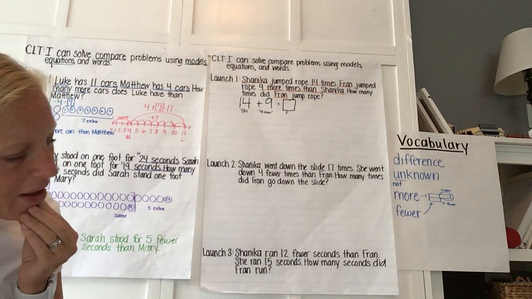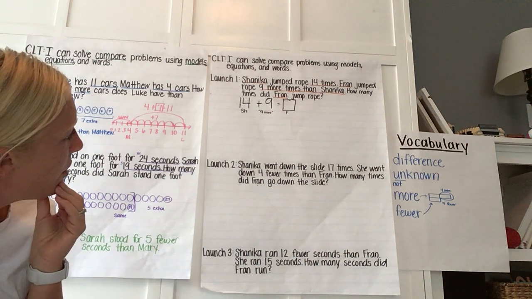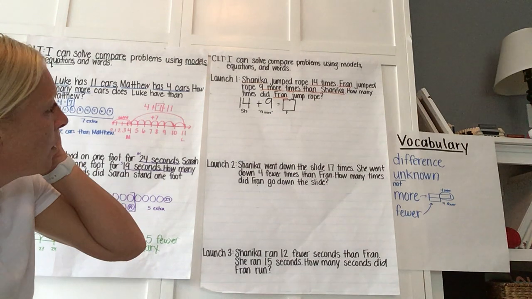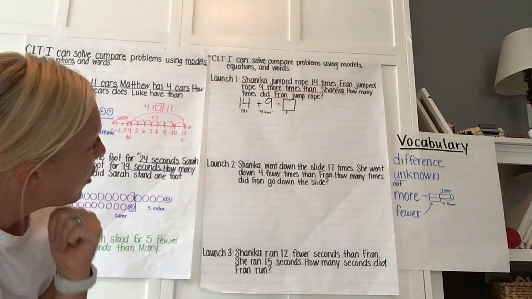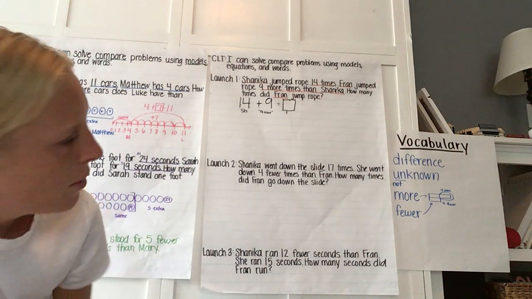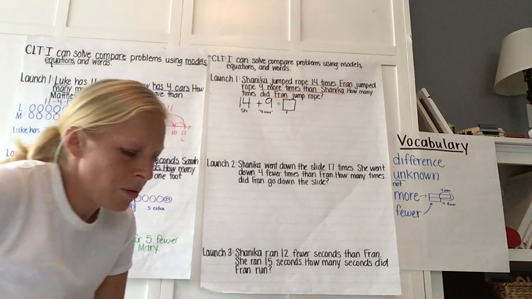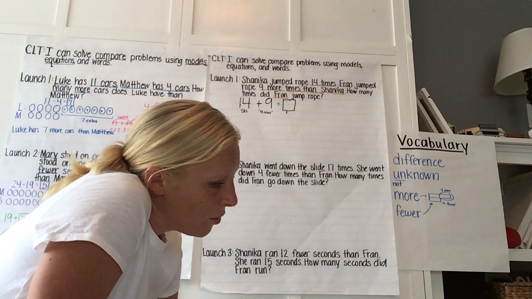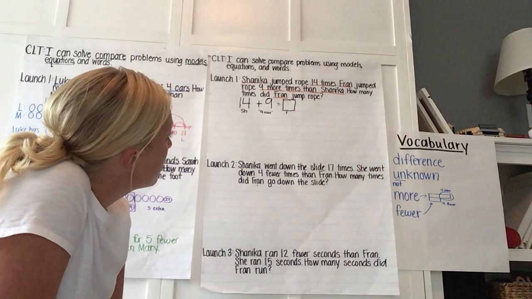Where's your 9 more in that model? Okay. Don't forget to put that number in the unknown, in the box of the unknown, okay? Where is your model? How does that match our equation?